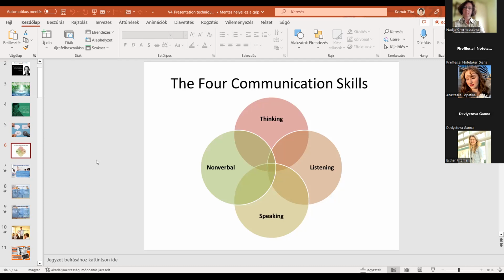It is a verbal action. And now we know it's not just verbal, it's a non-verbal action. Also, we need thinking, of course, and we need the listening skills because those who are good presenters are also good listeners. So when you listen to a presentation, you will reveal your character, the way you behave.